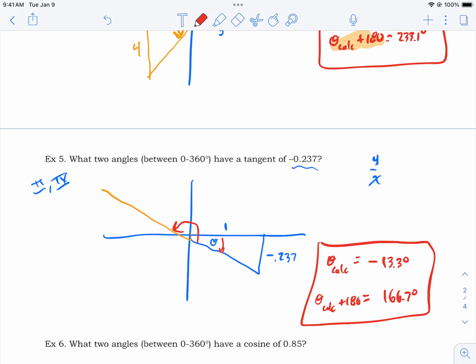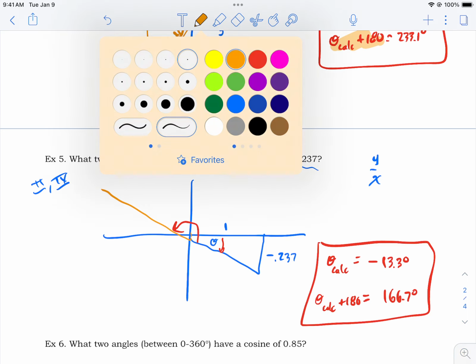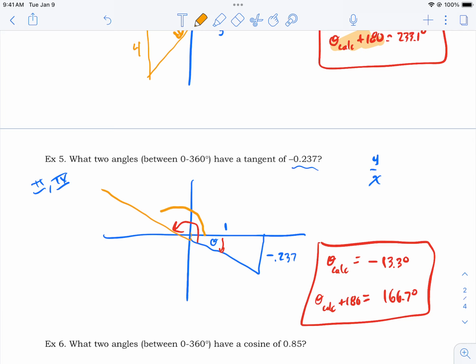The 166.7, technically speaking, is the angle from the positive x-axis to here, right? So that would be the second angle. So yeah, I guess that was the same rule, right? For sine, we had to go 180 minus the calculator, and for tangent, we go calculator plus 180.